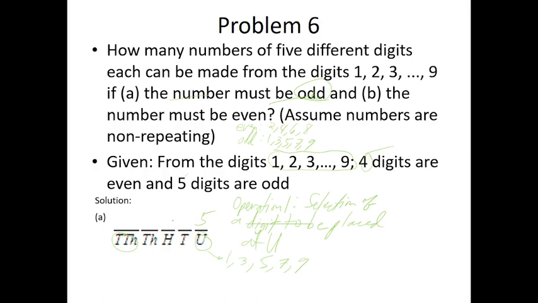So, since a number is already selected at the units place, no? Let's say any number, 1, 3, 5, 7, and 9. A number is already selected. Therefore, how many ways can we perform operation 2, selection of a digit to be placed at the 10,000th place? There are 9 numbers, right? Digits from 1 to 9.